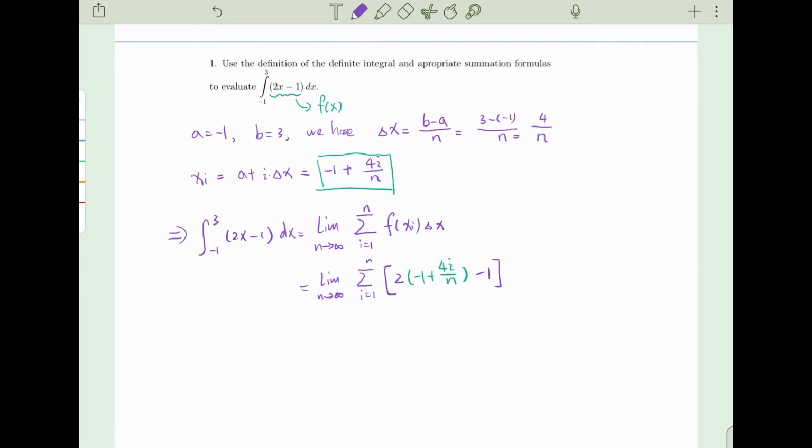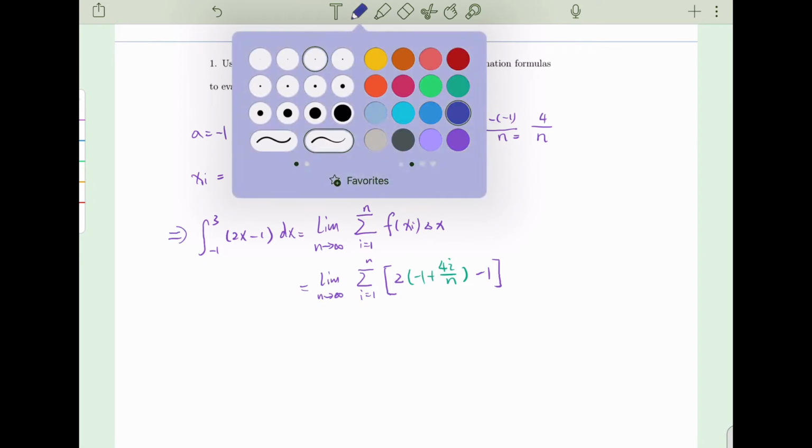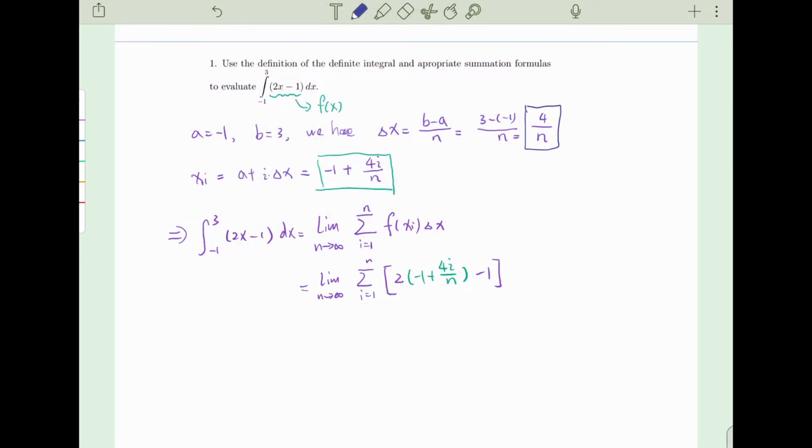That is my f of xi. And I also need to write out the delta x. Delta x, I have that here. That is this one, right? So 4 over n. So that now my expression is complete.